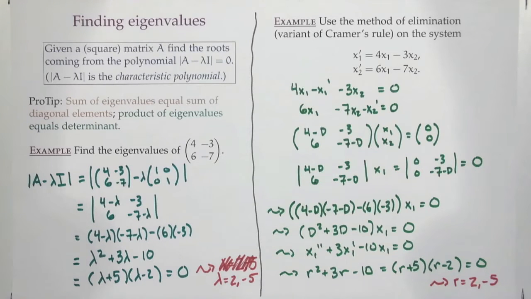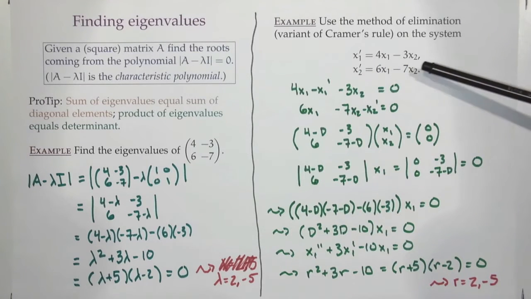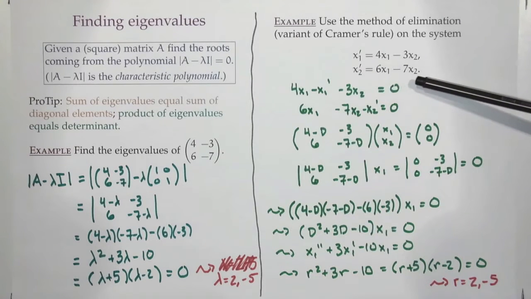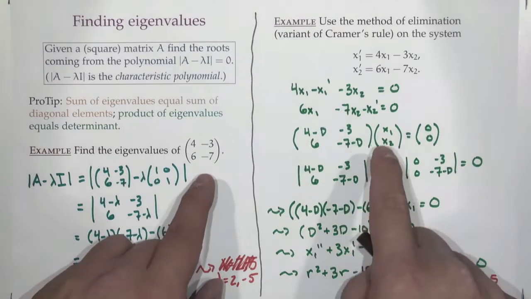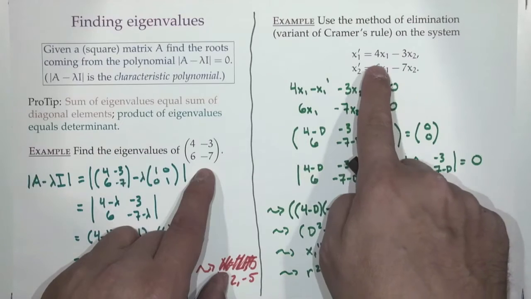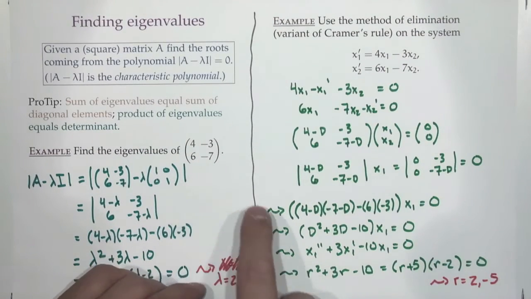Now, simultaneous to this, there's this other problem. It says, use the method of elimination, which is the variation of Cramer's rule, on the system x1 prime is 4x1 minus 3x2, x2 prime is 6x1 minus 7x2. And now there's a reason we want to do these side by side, because if you look at these coefficients, 4, -3, 6, -7, they're the coefficients you see here.